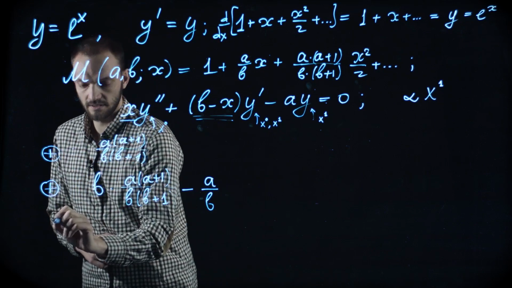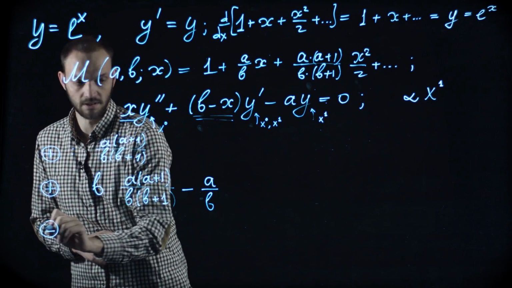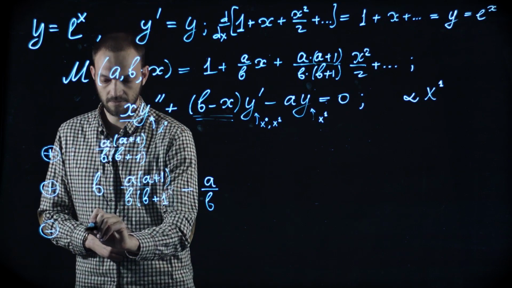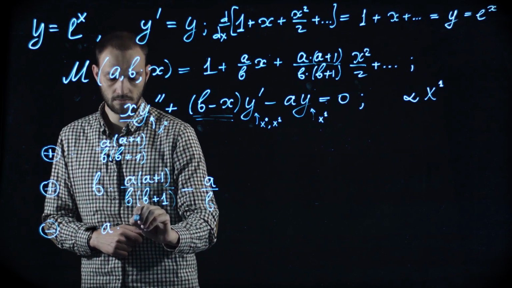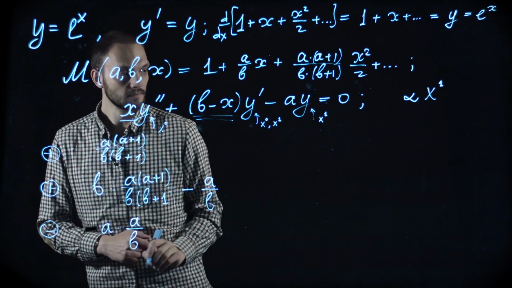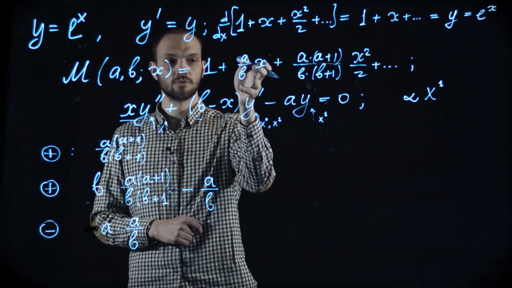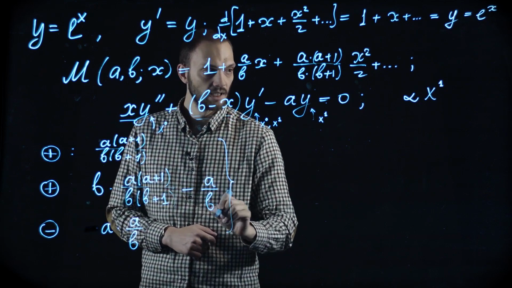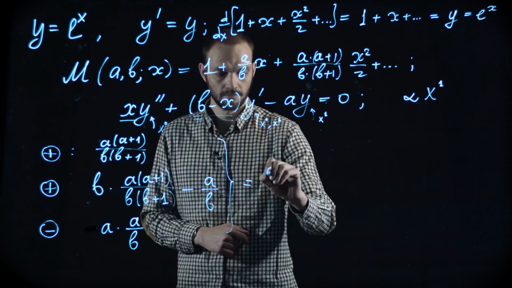And finally, the last contribution comes from sign minus, from the third term in the differential equation, and it becomes, again, we need to extract the term proportional to x in our function. So combining all this together, let us see what we have.